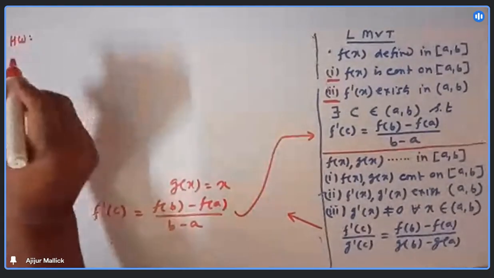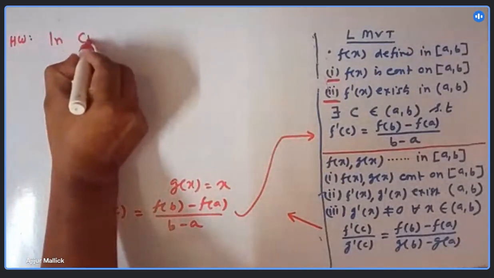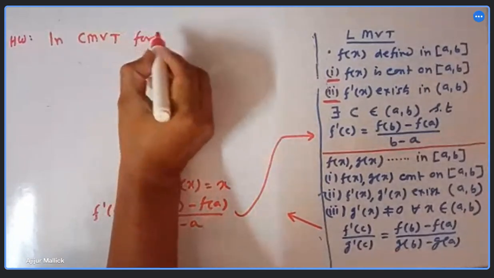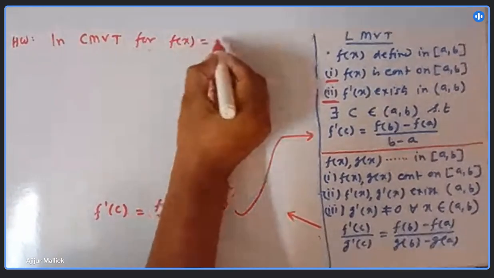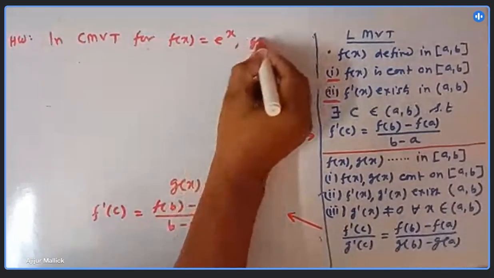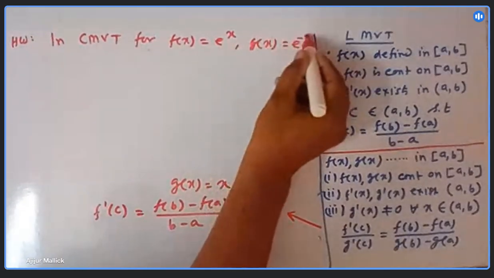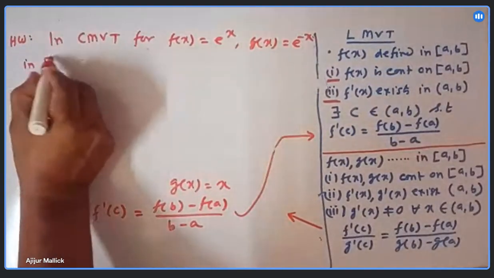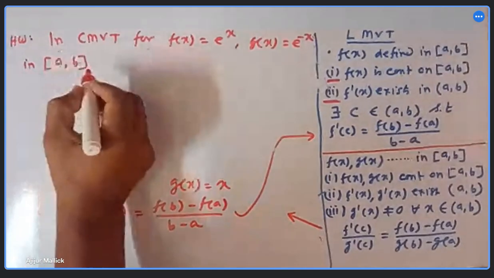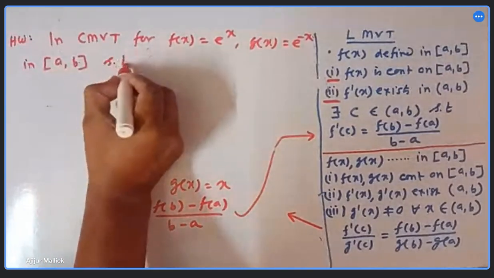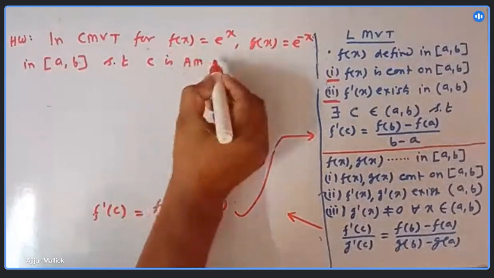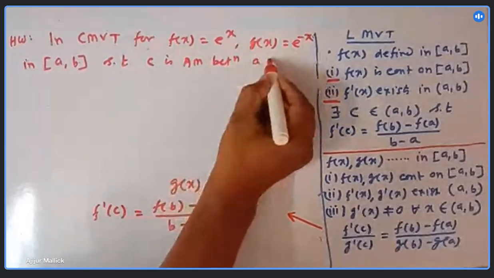Next, write, now write homework: in CMVT for f x is equal to e to the power x and g x is equal to e to the power minus x in closed interval a, b, show that c is the arithmetic mean between a and b.